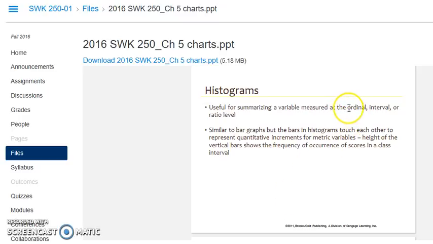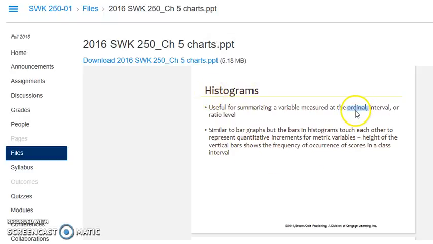And I paused because I have an issue with this, and I know that I gave credit for it, and that's fine. But really in practice, either interval or ratio level, use interval or ratio to use the histogram to display your interval or your ratio level.